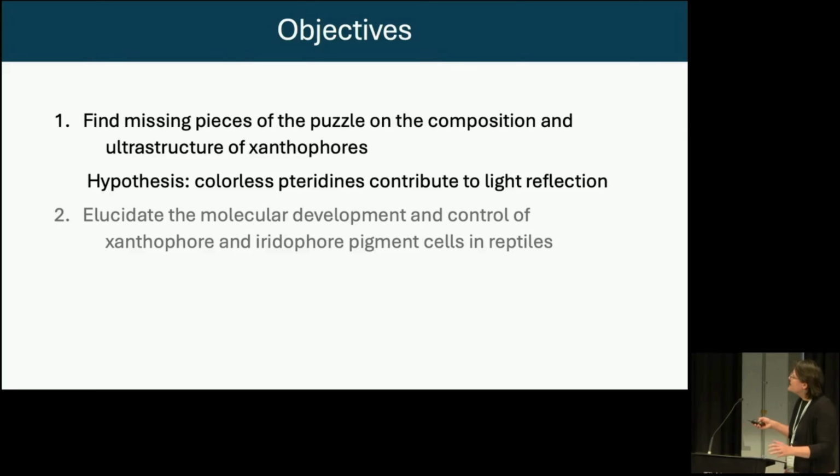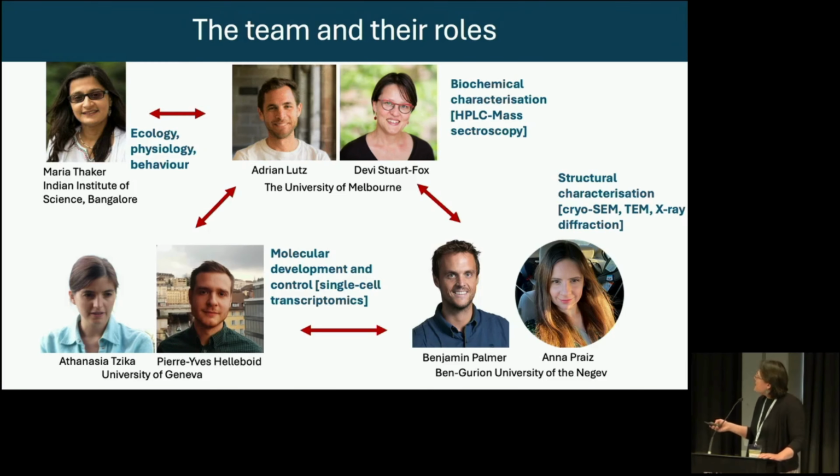We hypothesized that colourless pteridine pigments in particular, which are found in high quantities, could actually contribute to light reflection rather than absorption like typical pigments. And you've already heard Athanasia talk about this second goal, which was looking at the development and control of these xanthophores. So this was our team.